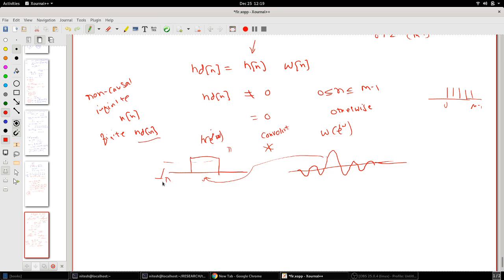So if I start from here from minus pi, and this is your pi, and this is your rectangular pulse, and this is now my sinc function. So I use this and I do a convolution operation.